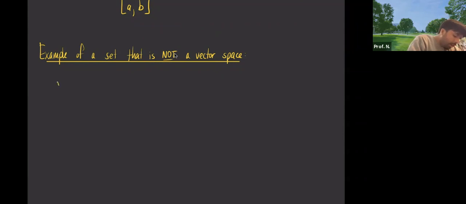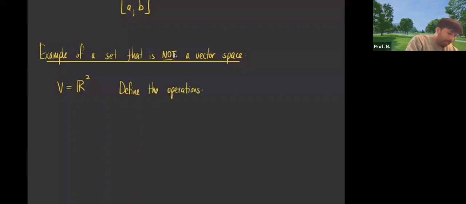So let's consider V being R2, okay? So my set is R2. R2 in itself is a vector space when you have the operations of addition and scalar multiplication applied, right? So then we're going to define the operations the following way. Remember, every vector space has two operations: an addition operation and a scalar multiplication operation.